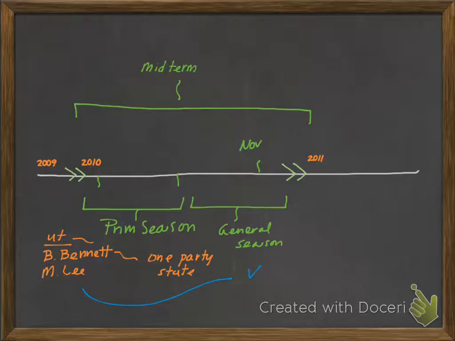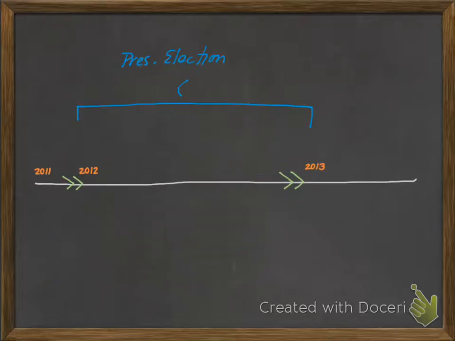Okay, let's move over then to give you one other example of how this works. Now again, here we're talking about a presidential election, the last one in 2012. So we have our primary season and our general election season.